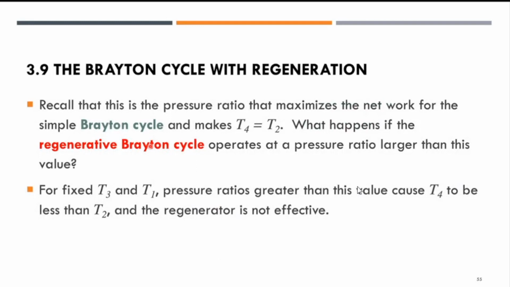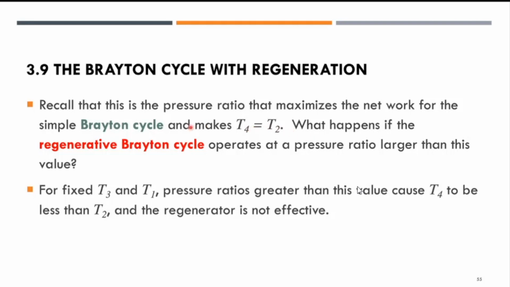So you can then recall that this pressure ratio maximizes the net work for the simple Brayton cycle and makes T4 equal to T2. You want to make the temperature at the turbine exit equal to the temperature at the compressor exit, so we want it to be the maximum.